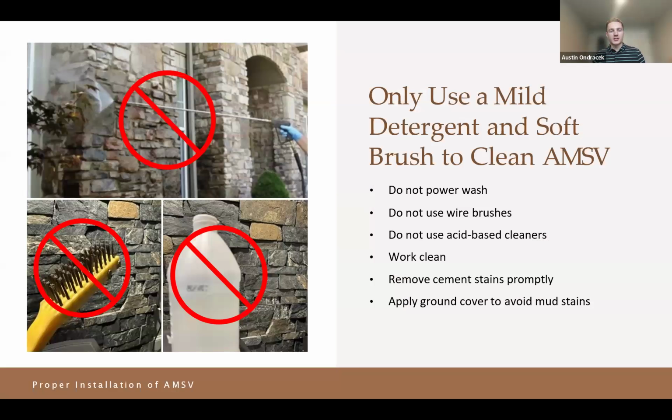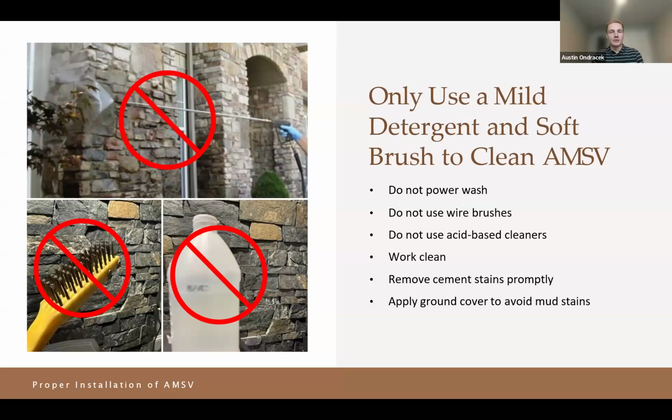And then cleaning products, this is a good thing to know for the homeowners once it's installed. For a manufactured stone, we'd recommend using mild detergent and a soft brush to clean it. Don't power wash it. The biggest thing is manufactured stone is still man-made, and depending on how it's aged and how it's maybe looked on one side over the years, you could slightly take off that pigment color.